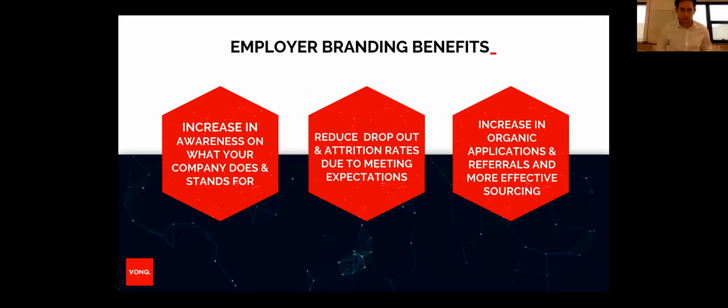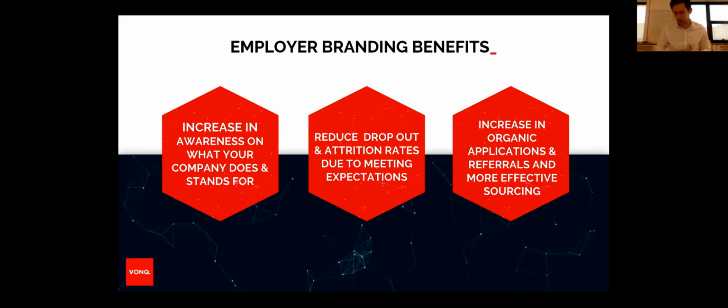So now to the benefits. It's important to align your expectations when running employer branding campaigns. The metrics you use to measure the results you're looking for are very different to what you expect from job advertising. There's no instant impact.